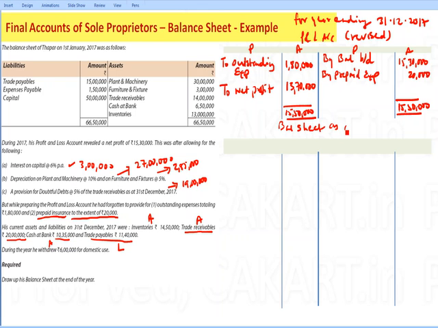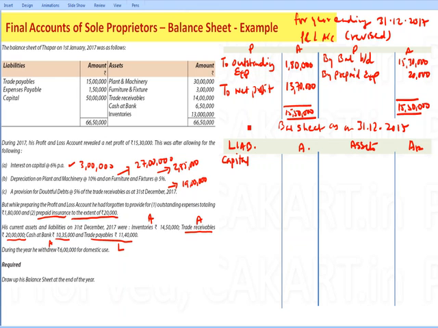Balance sheet as on 31/12/2017. Okay. Or we will write liabilities, amount, assets, amount.